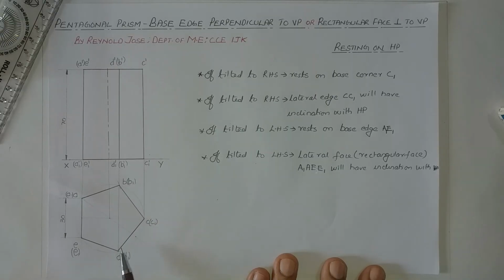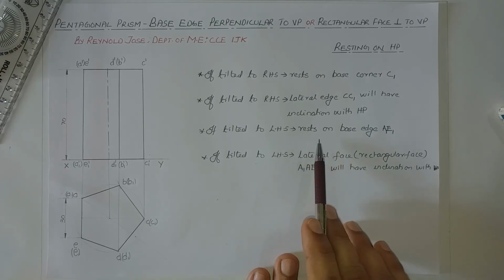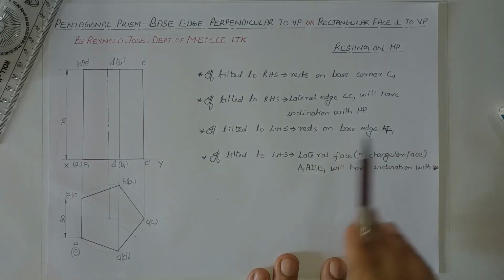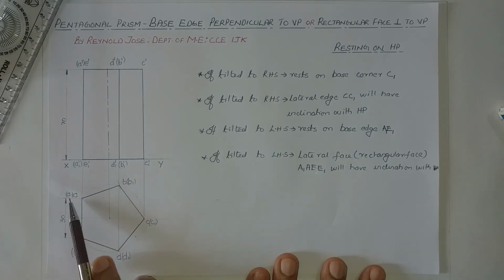Along all these 5 points, we have lateral edges which are AA1, BB1, CC1, DD1 and EE1. If the prism is tilted to the left hand side, it will be resting on base edge A1E1. This is base edge A1E1. Here also we can see A1E1, which is invisible in the top view.